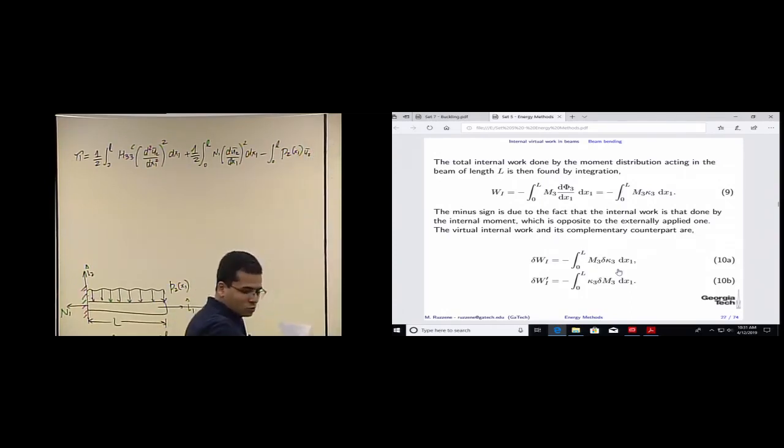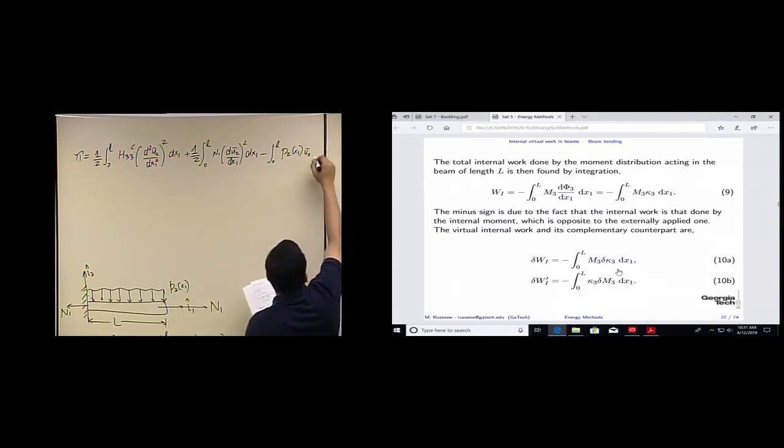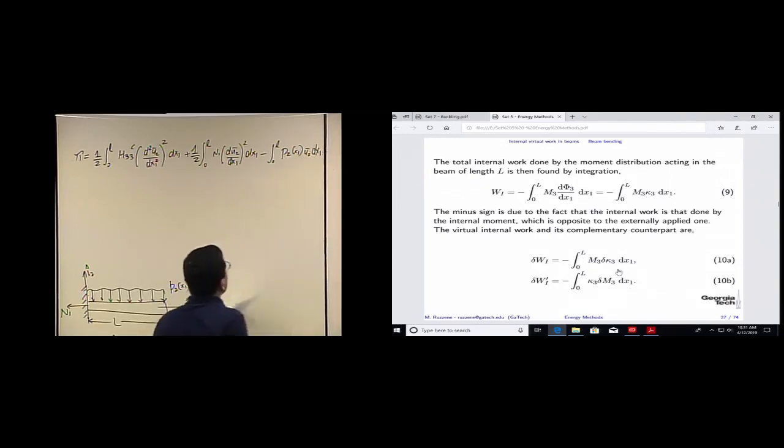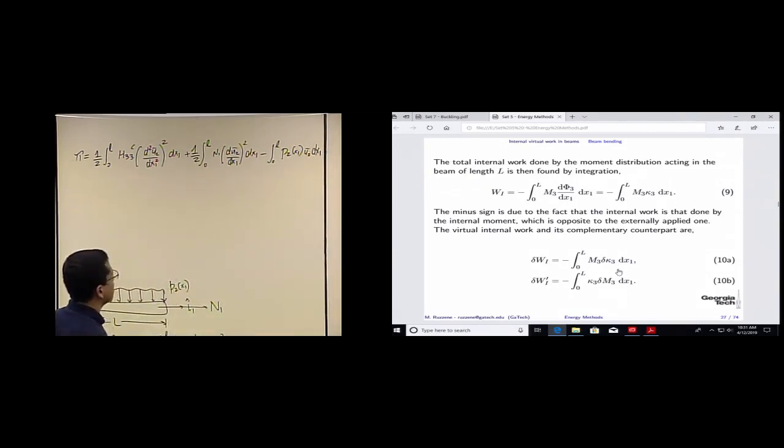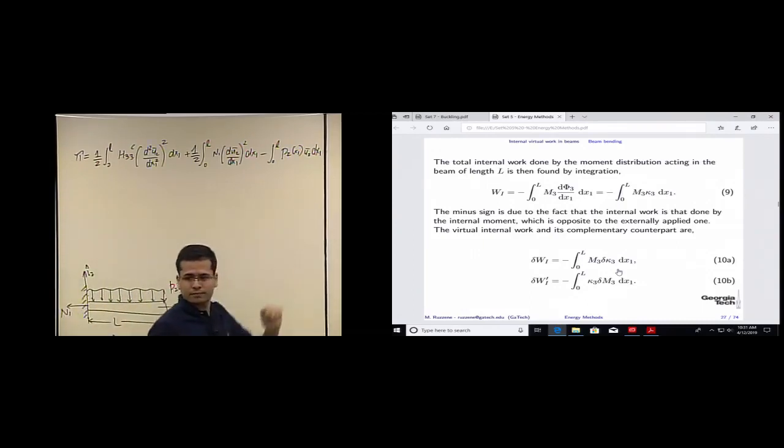Let me just write u2 times dx1, assuming u2 is a function of x1 in the entire expression. Okay, so this is the expression for the total potential.